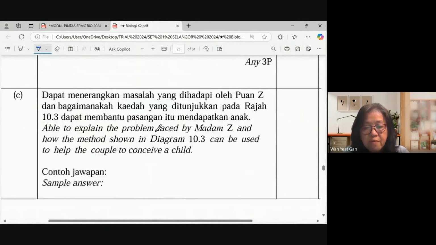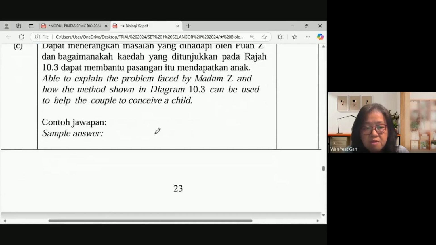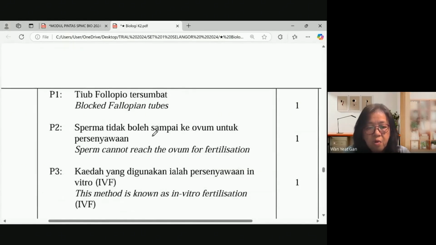So the problem faced by Mrs. Z is probably her fallopian tube is blocked, so the sperm cannot reach the ovum for fertilization.